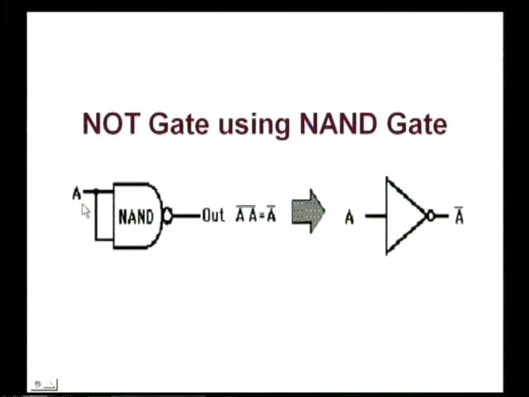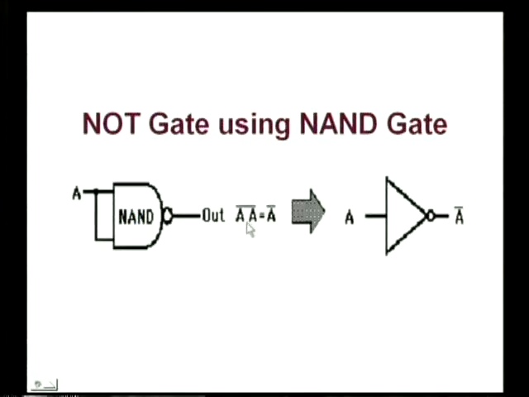Here we use the basic postulates of Boolean algebra. The basic postulates define the AND function using a single literal: the ANDing of a given signal with itself produces the same signal, that is, A ANDed with A produces A only. So, here we take the single input and give it to the two inputs of the NAND gate.